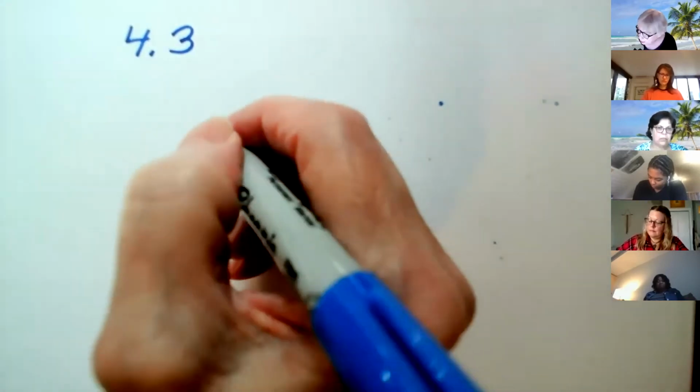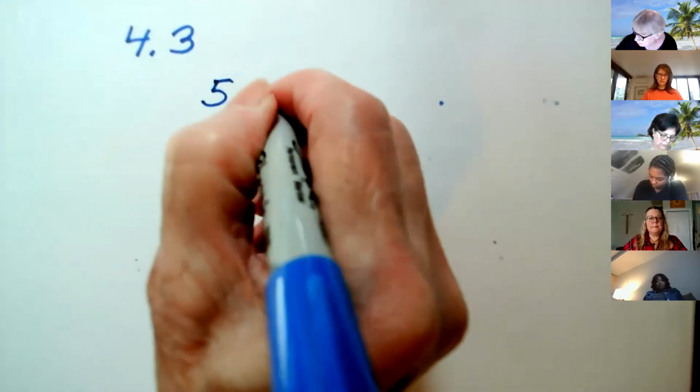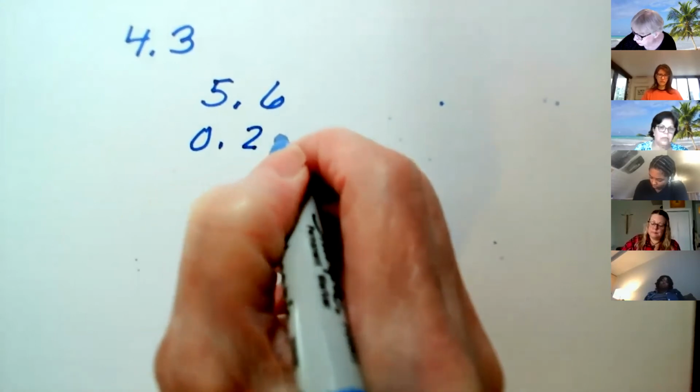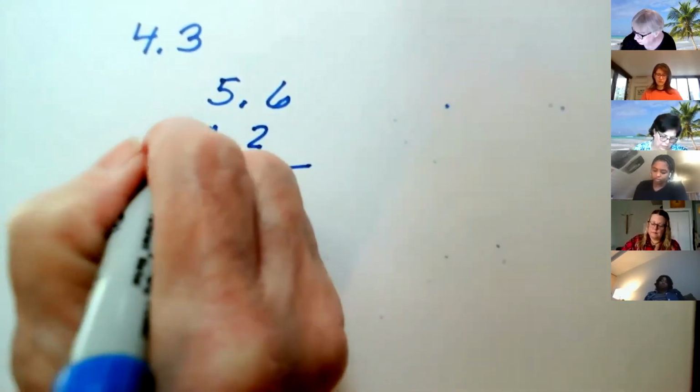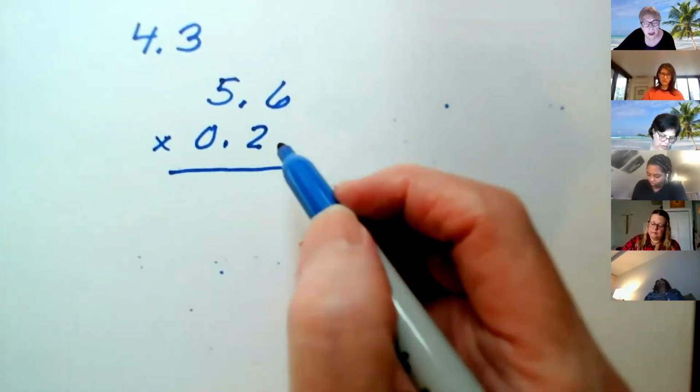So we're into multiplying, and that's the next section. This is 4.3. And so I'm going to multiply 5.6 times 0.2. We'll put a little multiplication symbol here.